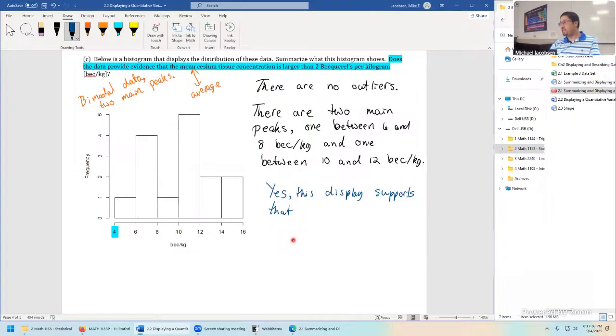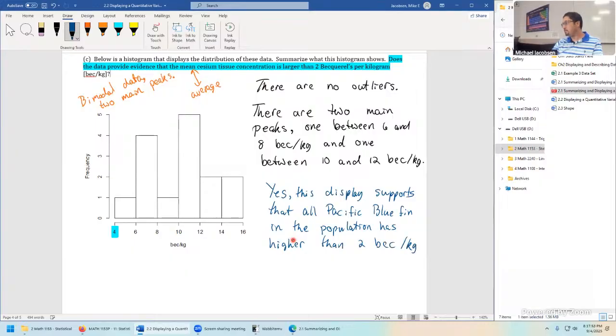This display supports that all Pacific bluefin in the population has higher than 2 becquerels per kilogram on average.